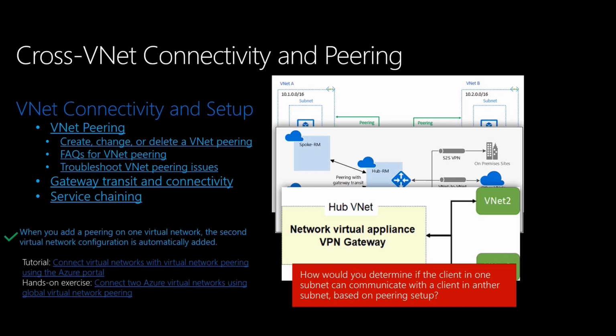If you want to set up service chaining, you would configure user-defined routes that point to virtual machines in a peered virtual network as the next hop IP address. The user-defined routes could also point to virtual network gateways in order to enable service chaining.